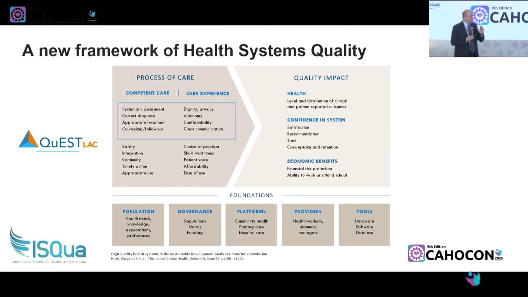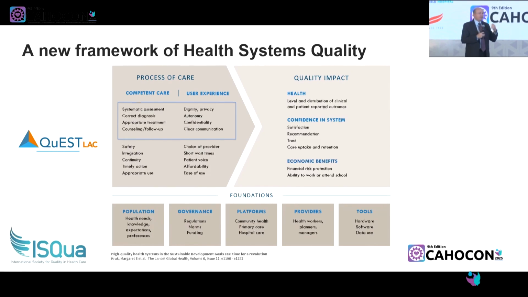So just getting to the end of my first section of presentation, we need to think differently about quality of care in general. And this is a framework that was created by Margaret Crook, at that moment at the School of Public Health in Boston, at Harvard. She created this framework describing that health is the most important output of the health system to be hopefully achieved. And that's the aim for quality of care. We need to improve health. Then we need to improve confidence in the system.